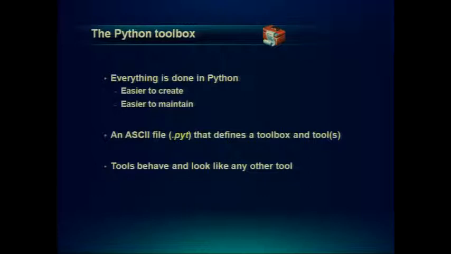So the key for a Python toolbox is that everything is done in Python. When Dale was going through the script tool wizard, he went through a wizard to define high-level information about the tool and the parameters. In a Python toolbox, that's done in Python. He had the validator class, which he had to go through a couple of button clicks to get to. That's included in the same file as the execution source code.